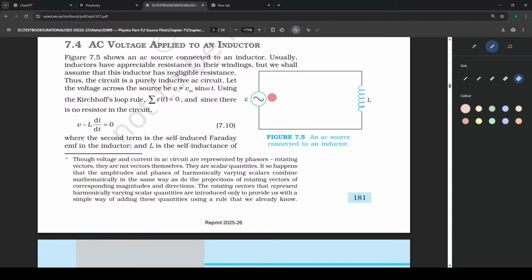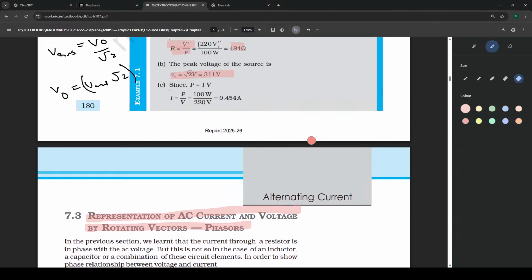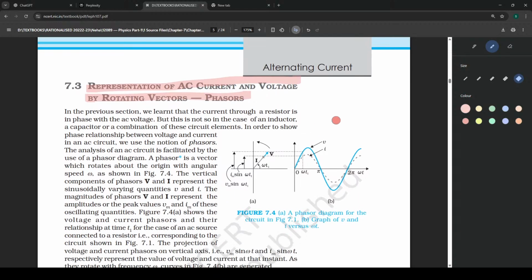Now okay, let's go to the next topic, representation of AC current and voltage by rotating vectors. Now this is a new concept. How do we represent AC current and voltage?